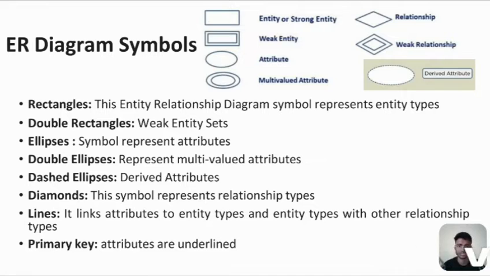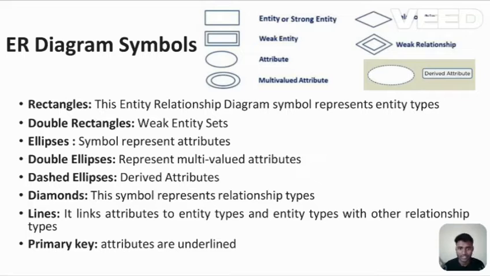These are the symbols for representing entities and attributes. First is the rectangle, a strong entity, which represents things like a student or employee. Then we come to the double rectangle, which is also known as a weak entity set. The ellipse symbol represents an attribute of an entity.